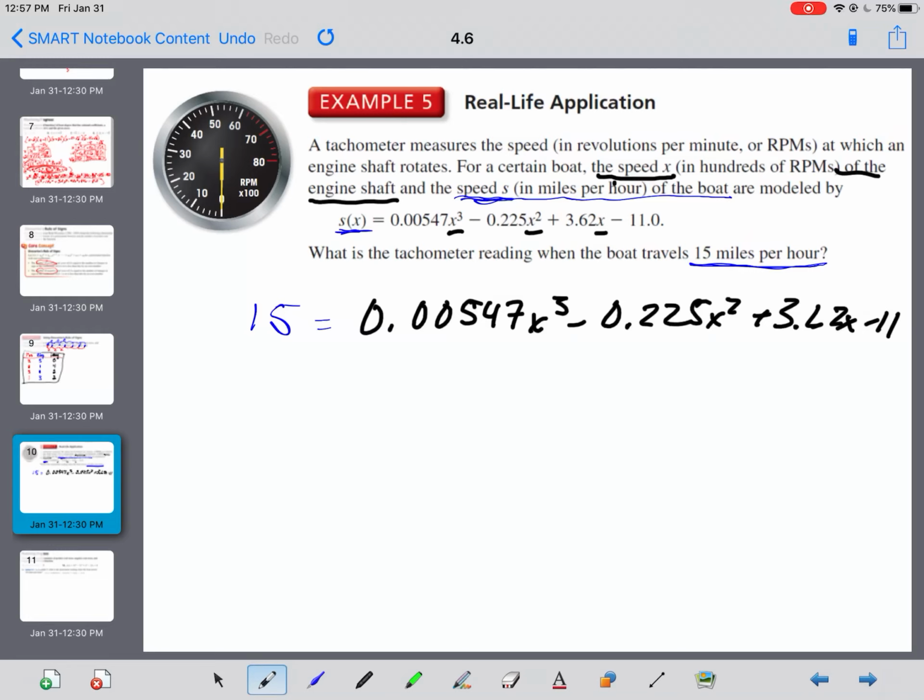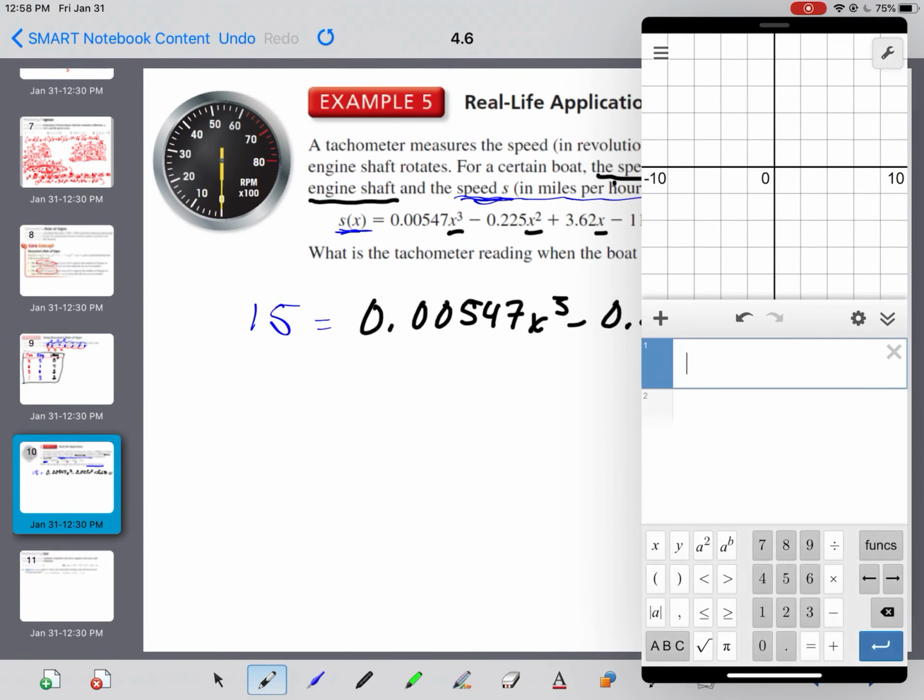Now, what you could do is move the 15 over, set it equal to 0, find out where it touches the x-axis. The other thing you can do is make one side y equals and make the other side y equals, which is what we're going to do. We're going to say y equals 15.